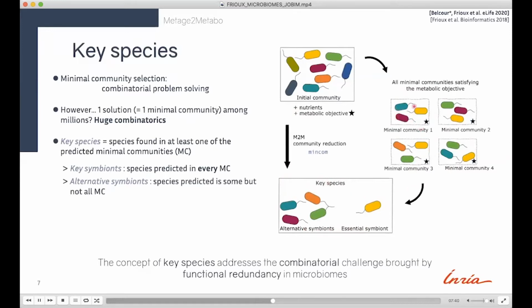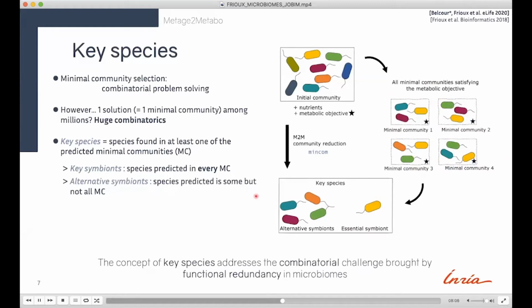So here we have 4 optimal minimal communities, but altogether only 5 symbionts occur in them. And we can further distinguish key species into 2 categories: essential symbionts that occur in every minimal community, like the yellow symbiont, or alternative symbionts occurring in some but not all communities.